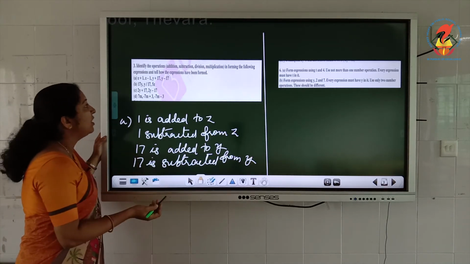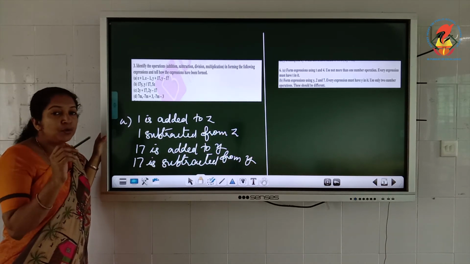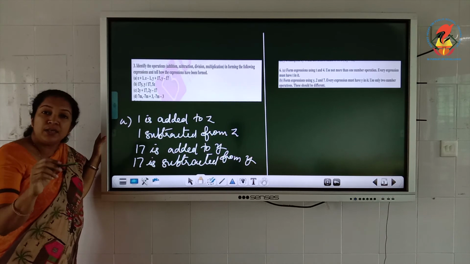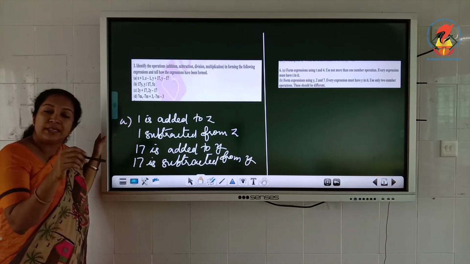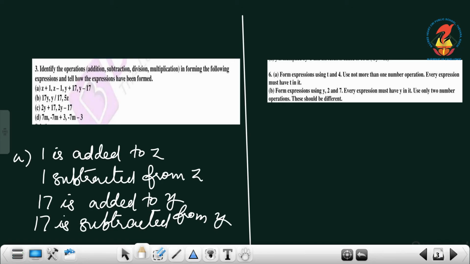Then next is 5z. The operation is multiplication. How can you write that? 5 is multiplied by z or z is multiplied by 5. Then 2y plus 17. The operations are multiplication and addition.